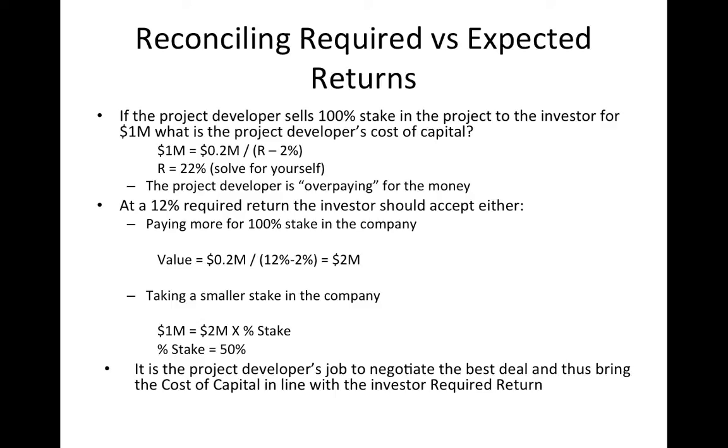And the maximum amount the project has to pay to get the money, and the maximum amount the investor is willing to pay in order to get the project. And so these two will be equal. If we don't have the negotiation, that does not happen.